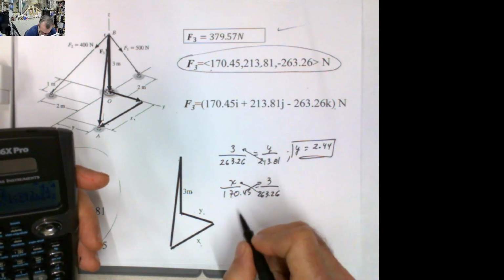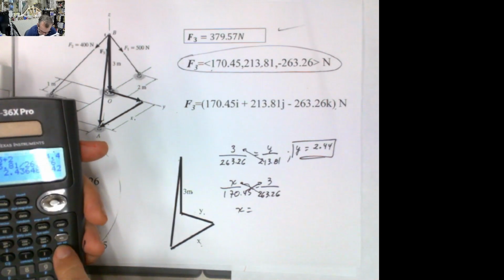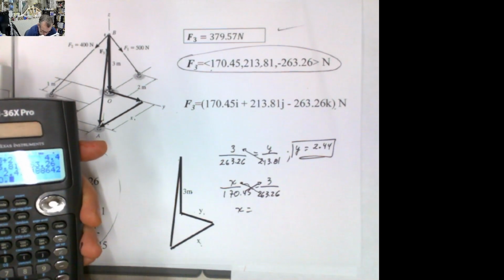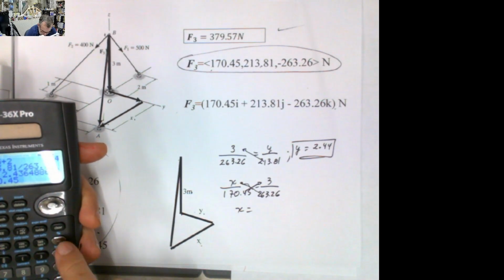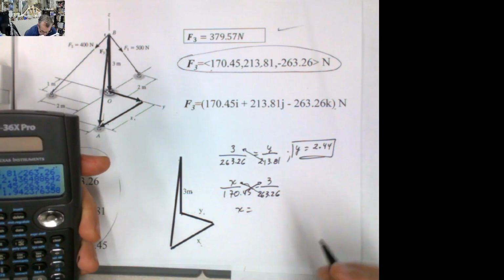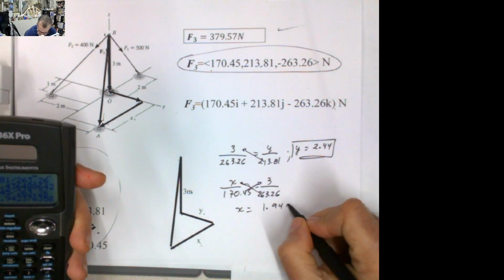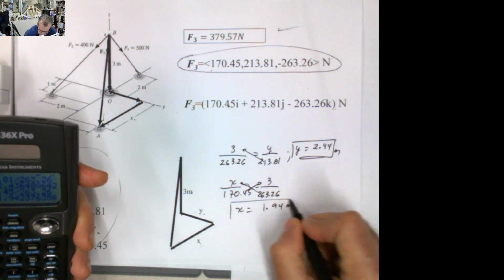Then you get x equals 3 times 170.45 divided by 263.26, and that will be 1.94. And because this is meters, this is going to be meters, and this is going to be meters.